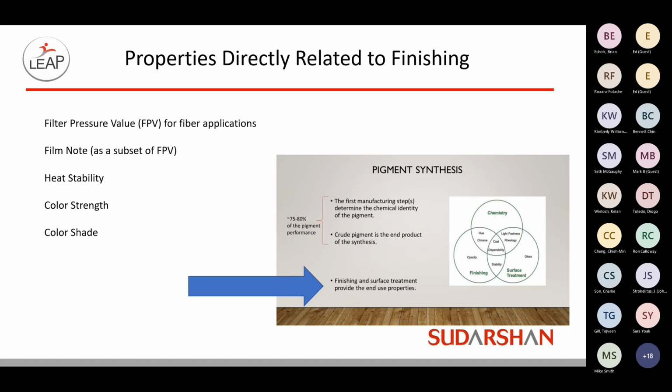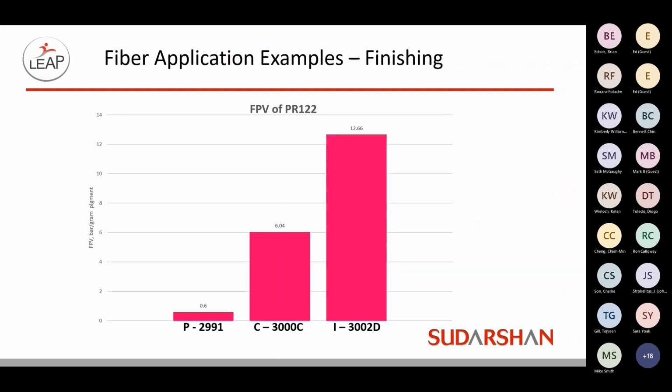Heat stability, of course, can also be distinguished within the chemistry based on the finishing techniques, and then color strength and color shade are also driven by the finishing steps at the end. In each of these application areas, I've tried to bring a high performance example as well as that transition blue-green.